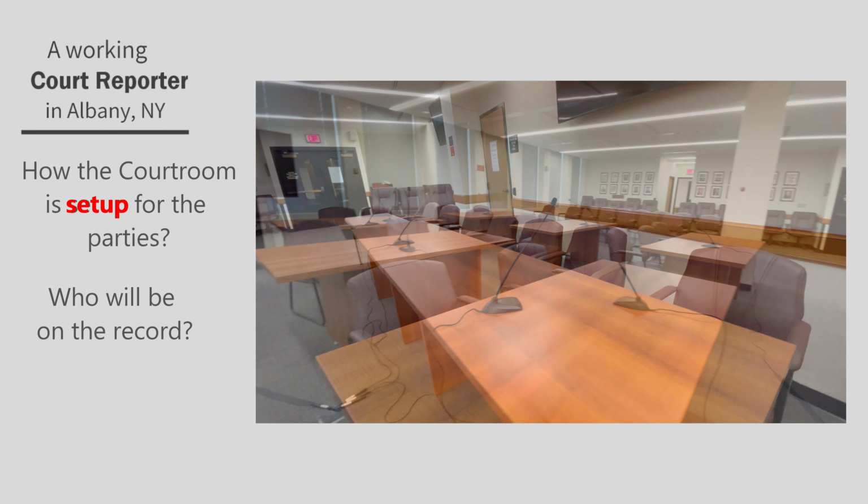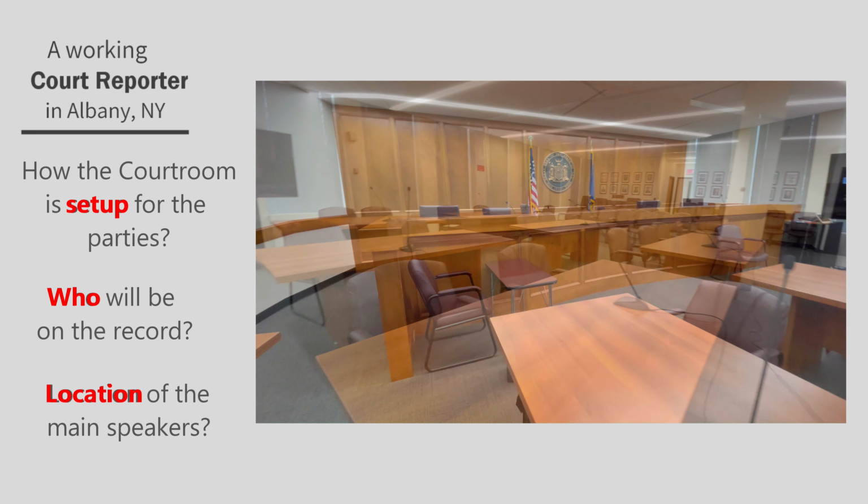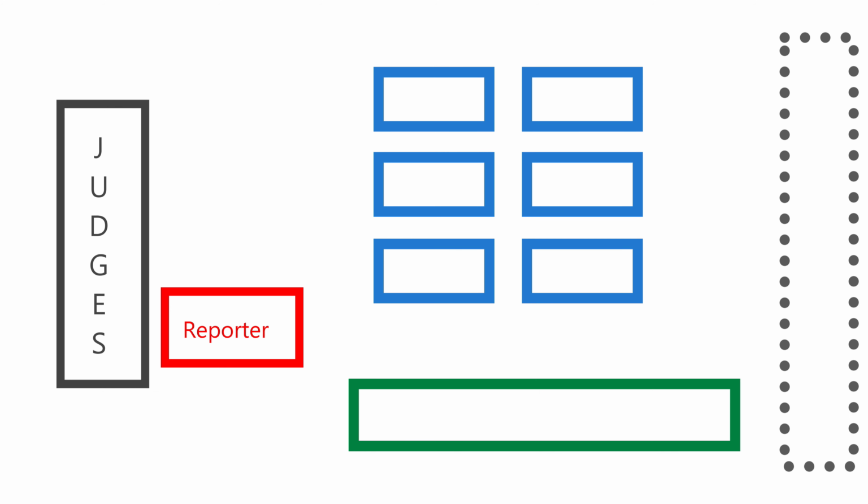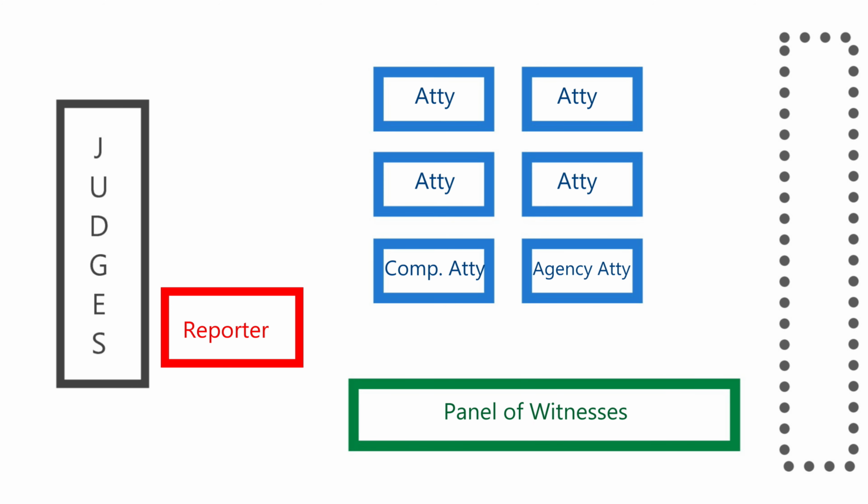How to set up and what equipment you need to carry with you. As you see, this is the setup of the hearing room. The blue boxes represent the attorneys, who are either direct or cross-examining the witnesses, represented in the green box and sitting in front of them. A panel of judges, 2, 3 or more, are overseeing the examination.